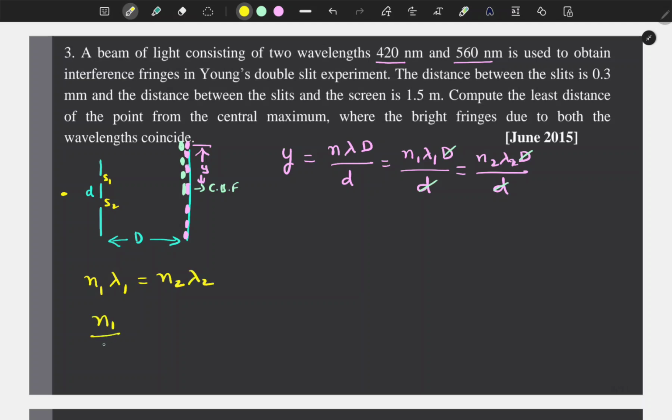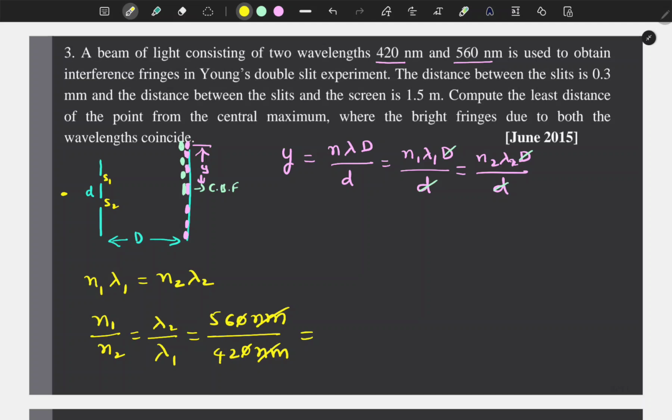Therefore n1 by n2 is equal to lambda 2 by lambda 1. Where lambda 2 is 560 nanometer or 5600 angstrom, and 420 nanometer is lambda 1. You can cancel this and get the answer.